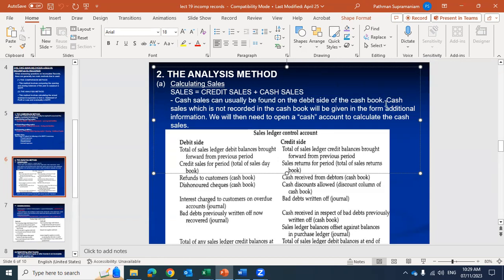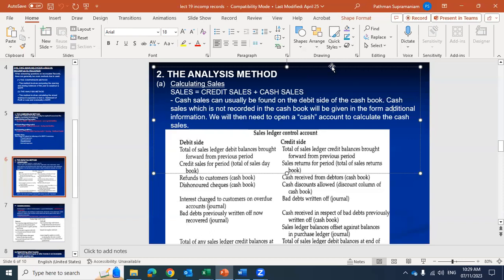However, there would be some questions whereby the cash sale is not recorded in the cash book, but is given as additional information. These more difficult questions, we will look at later. Now we are looking at the most basic kind of questions, whereby you are given a cash book and all the cash sales have been recorded in it.